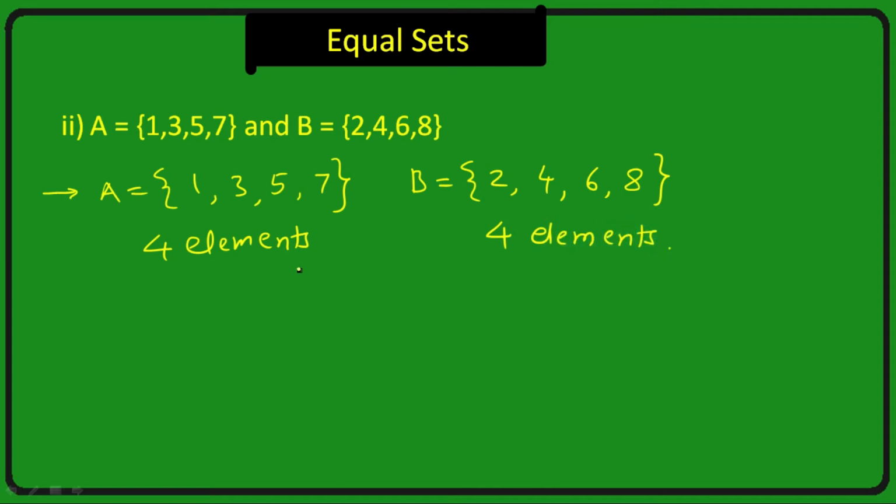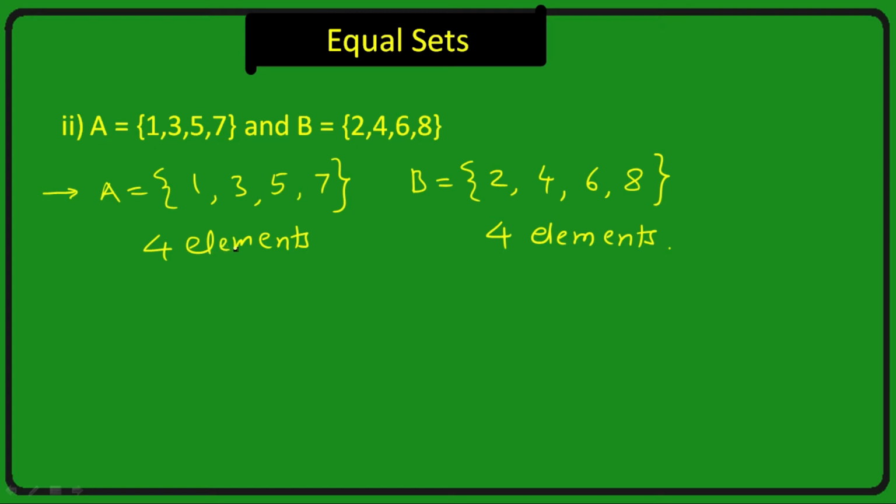But here the elements in A are not exactly the same as the elements given in the set B. So according to the definition, these two sets are not equal sets. Note that the numbers of elements are equal, but the elements are not exactly the same.